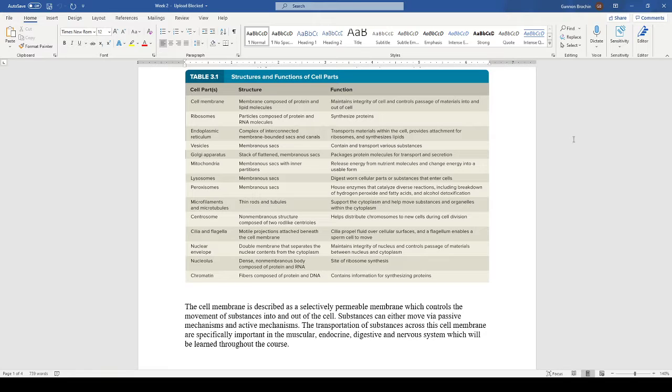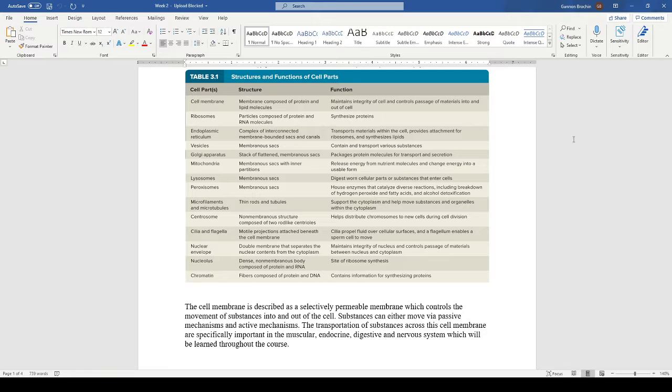You can think of the endoplasmic reticulum as transporting things within the cell, right? The Golgi apparatus is actually the transport network that kind of boxes up proteins or various other molecules for them to be secreted from the cell and moved elsewhere.